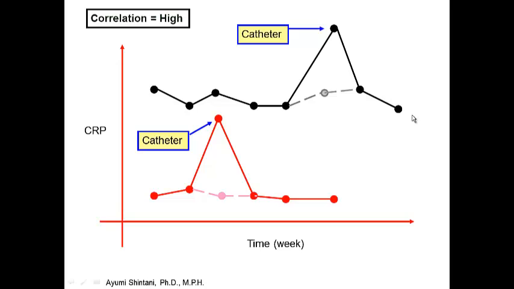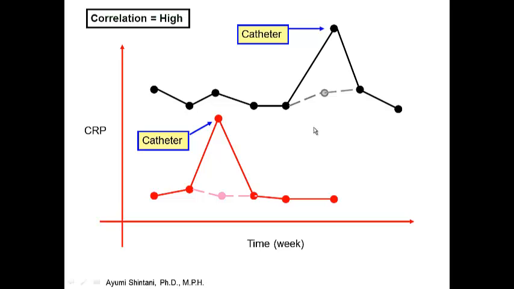You wonder whether using a catheter increases the degree of inflammation. On this day, this patient used a catheter, and you see CRP increased. Red points are from another patient, who has relatively lower CRP, but again, when the catheter was placed, CRP increased.